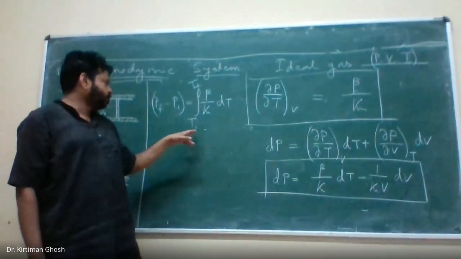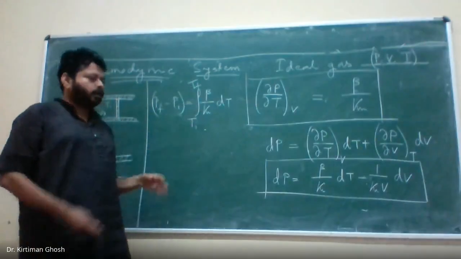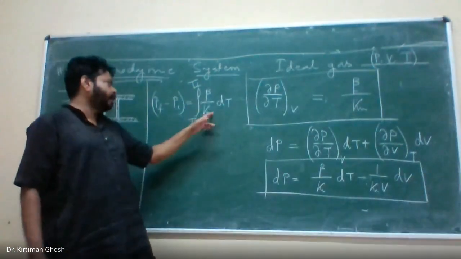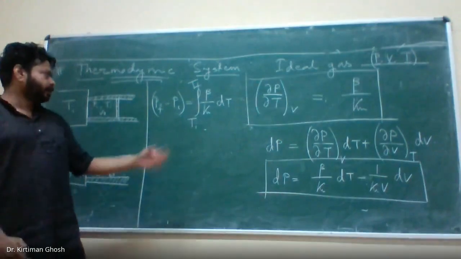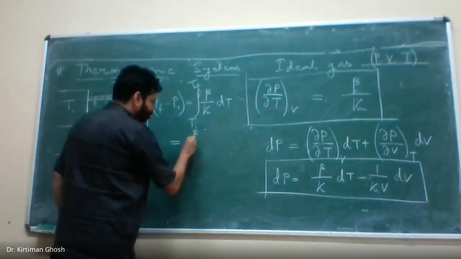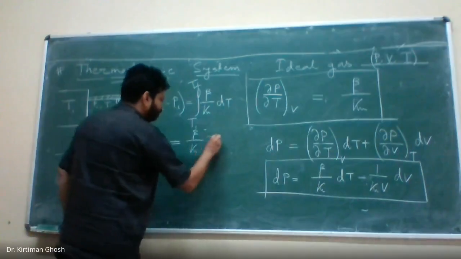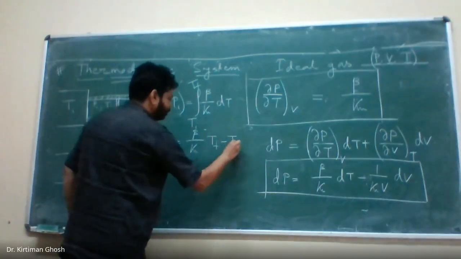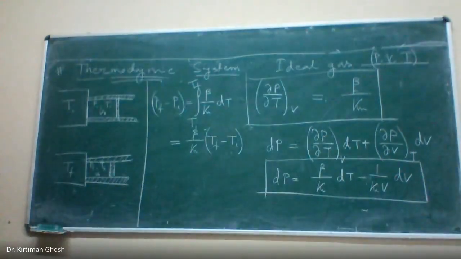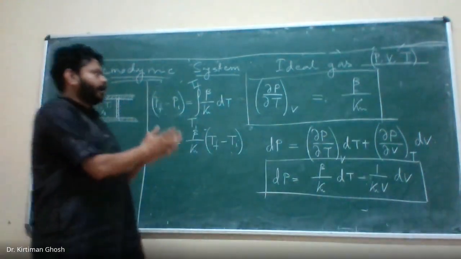Let us assume that Ti and Tf are not very different, and that in this temperature range the variation of beta and kappa with temperature is negligible. Then this quantity can easily be written as beta by kappa times (Tf minus Ti). This is for an ideal gas system.